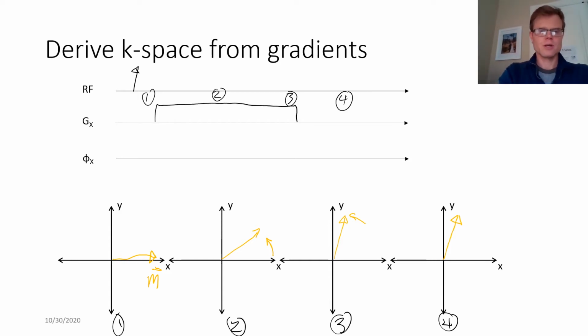Okay, so one way that we can characterize this is in terms of the phase angle that we're accumulating. This is a way that we also looked at phase encoding.